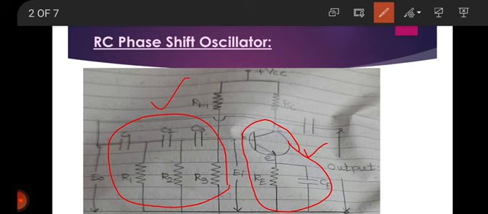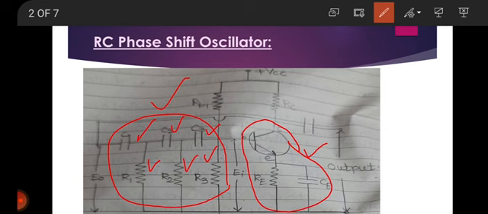The phase shift network consists of three RC sections, R1 C1, R2 C2 and R3 C3. At a particular frequency f0, the phase shift in each RC section, as we just saw, is 60 degrees. So the total phase shift produced by the RC network is 180 degrees at the frequency f0.